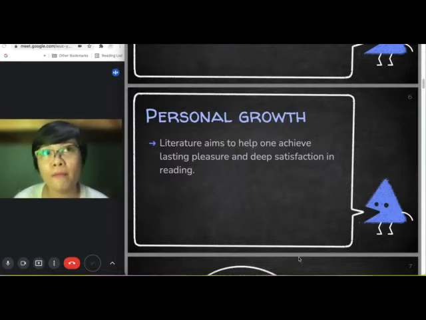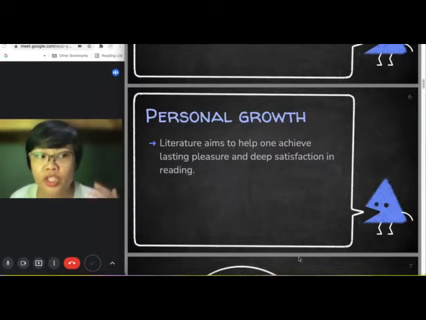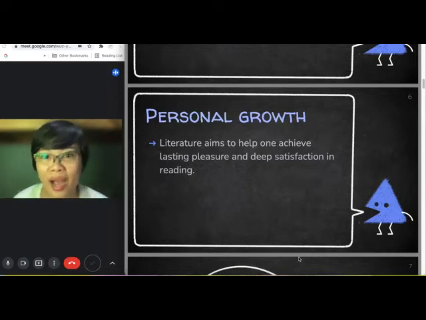So that's why in teaching literature, teachers also emphasize elements such as the theme, such as the characterization, the development of the characters, because it is through these elements, among others, that readers such as students can see how people can change and how people can be witty, intelligent, funny.